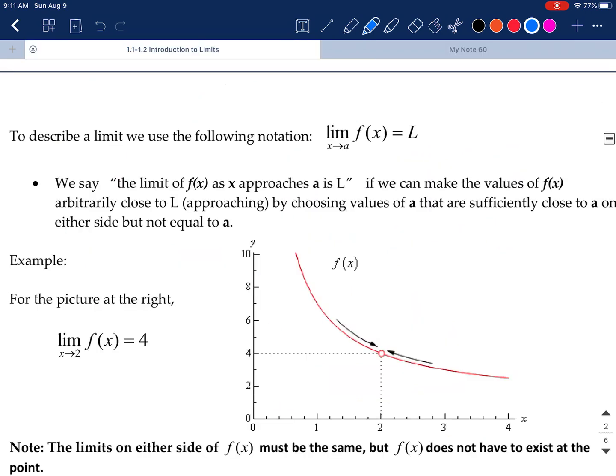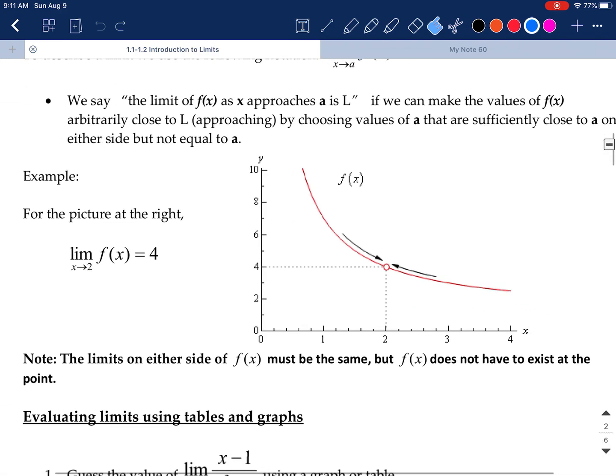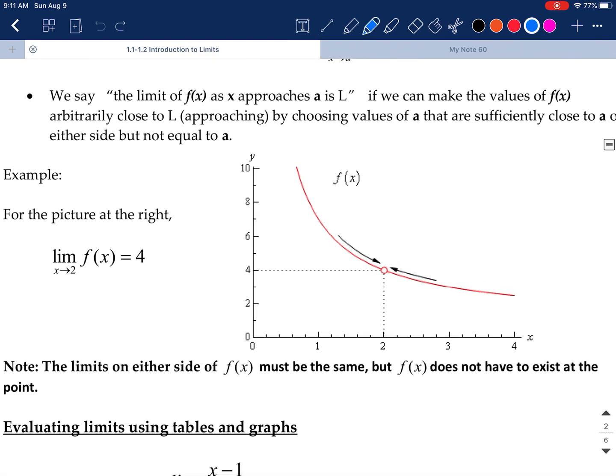So if we look at the example that's drawn here, we actually get a pretty interesting example, because we'll make a note of something. This function has a hole, and that hole is at the domain value we're approaching.